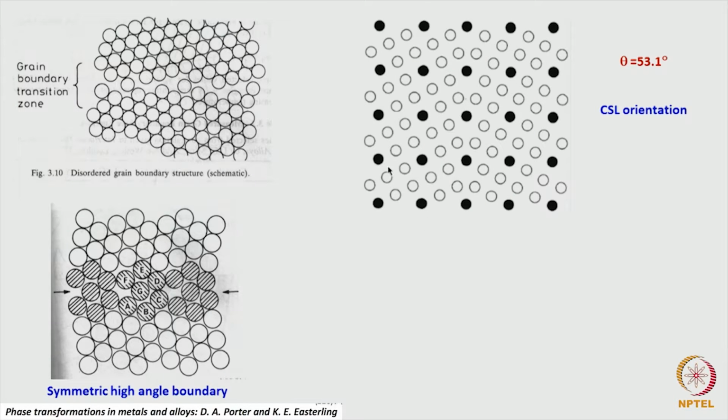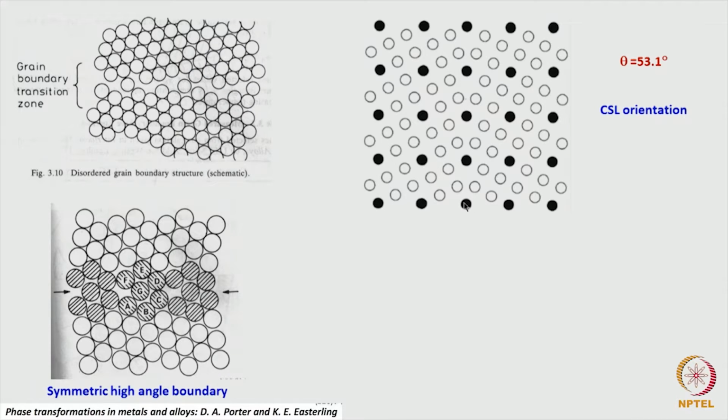This is what exactly we can say. Here you see that this is one orientation in which these atoms are there. This is another orientation in which it is there. These black dots essentially represent the atoms which are common to both of them.